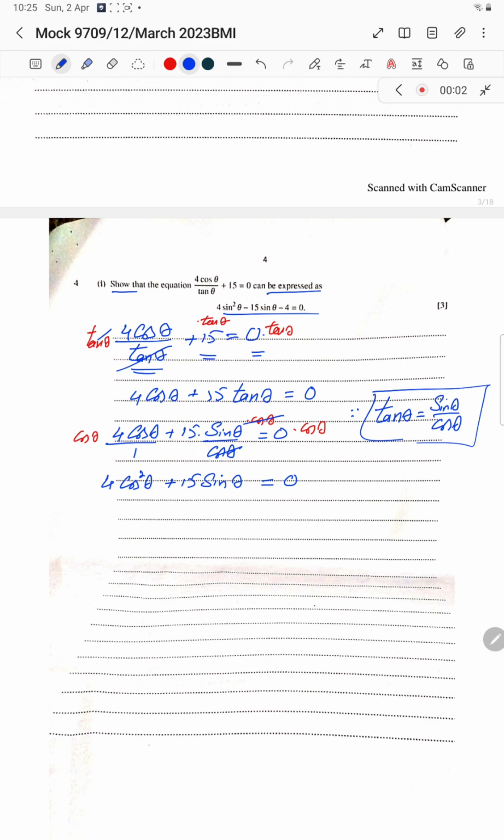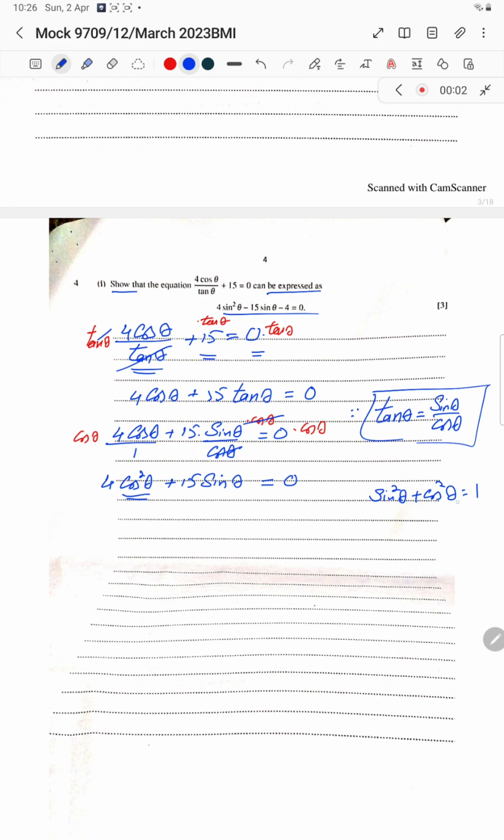So far we have done well. What we are going to prove has all the terms in the sine function, so here the cos square should be replaced in terms of sine. How? By using this identity. Always keep in mind that the sum of the squares of the sine function and the cos function is 1.